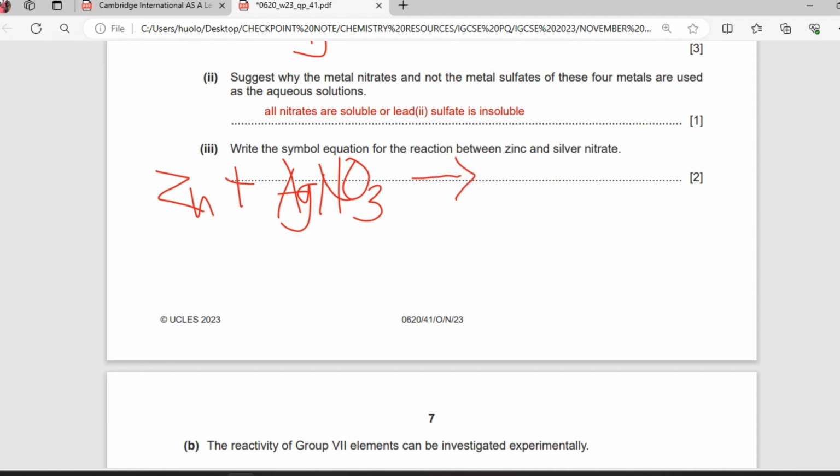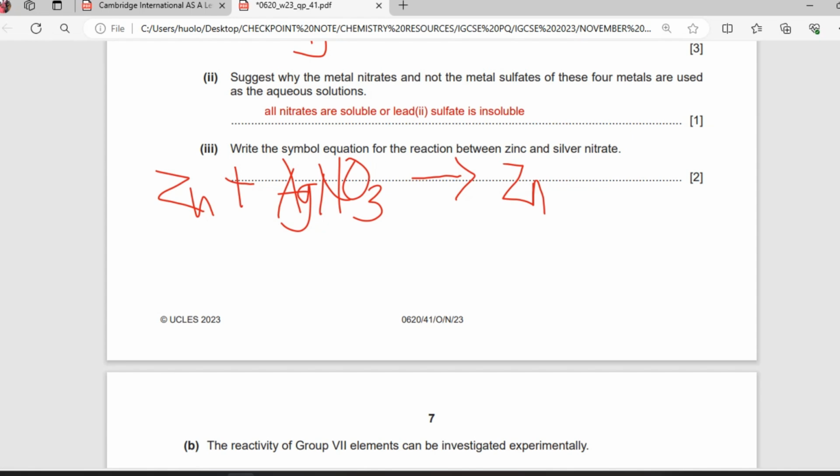Okay, we expect a reaction to take place, so zinc is going to displace silver. Please note that although zinc and silver are transition metals, on that transition block, zinc is always a +2, and the charge of silver is always a +1.